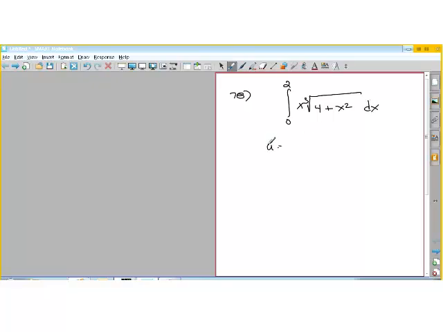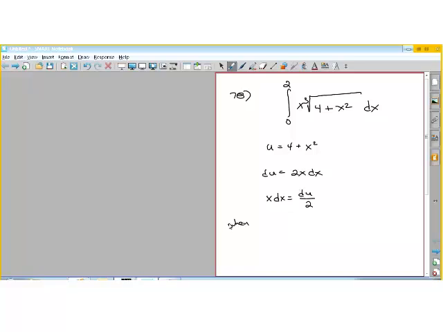Okay, so not surprisingly, the quantity inside the root is u. So du is going to be, well, the derivative of 4 is 0, so you just get 2x, and you multiply by dx. And you see this is not x cubed, that's the cube root, so we have x dx. So let's solve for x dx. That's equal to du divided by 2.